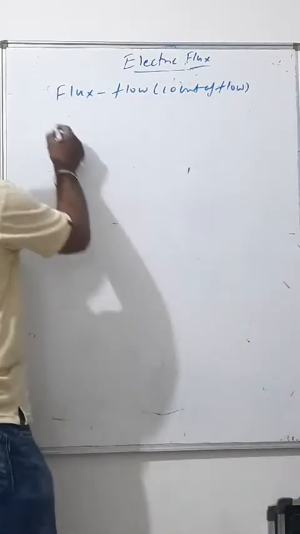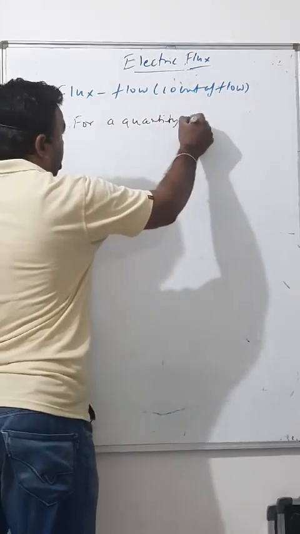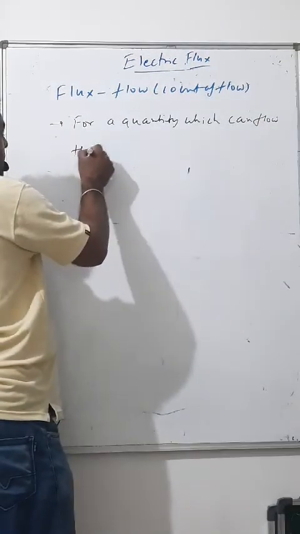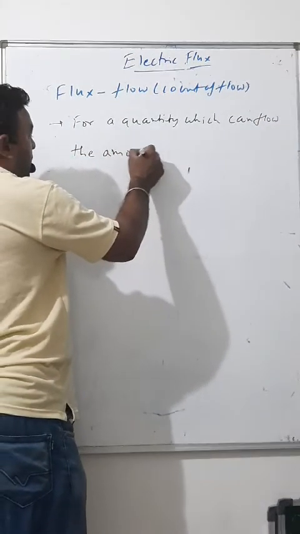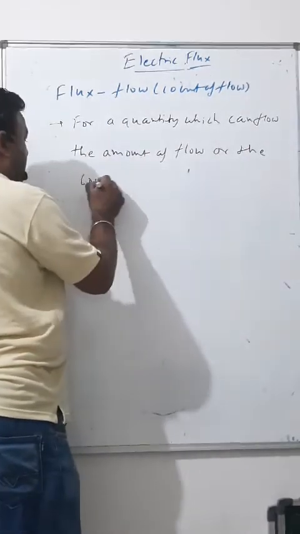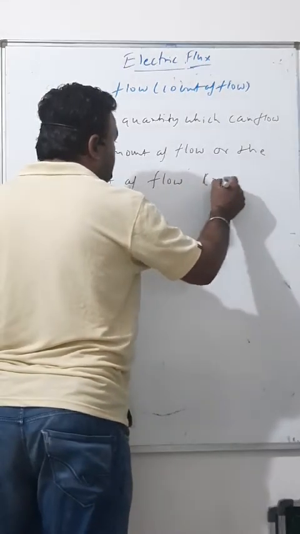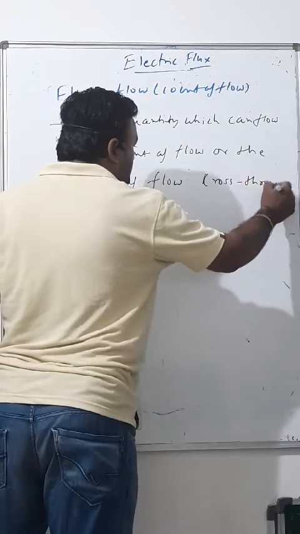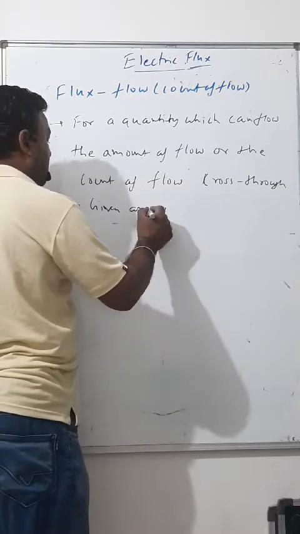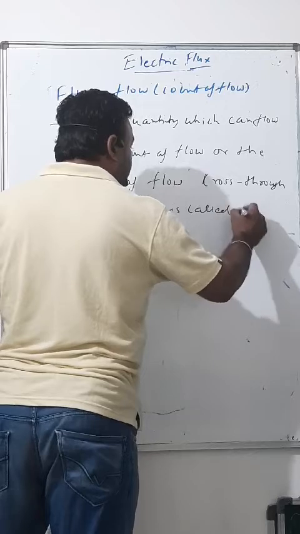First of all, I define for a quantity which can flow, the amount of flow or the count of flow crossed through a given area is called flux.